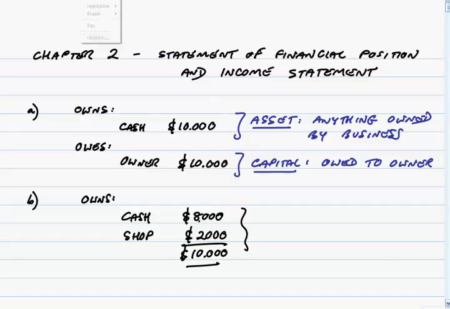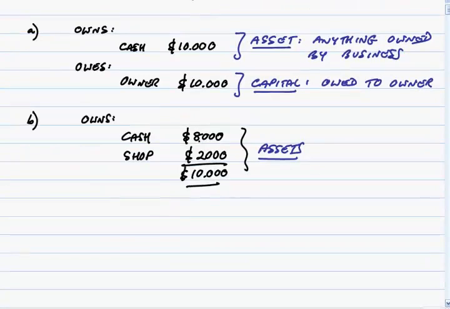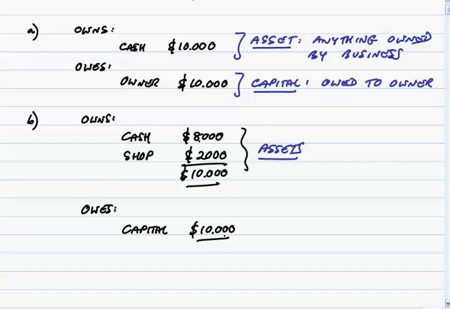There are the assets. Remember, an asset is anything owned by the business, so they're both assets. So the assets remain at 10, but of course the business still owes the owner, which remember is capital, 10,000. So there's the position after the second transaction. Two effects, note. Cash has fallen, the shop's appeared. But they've assets of 10, there's capital of 10.